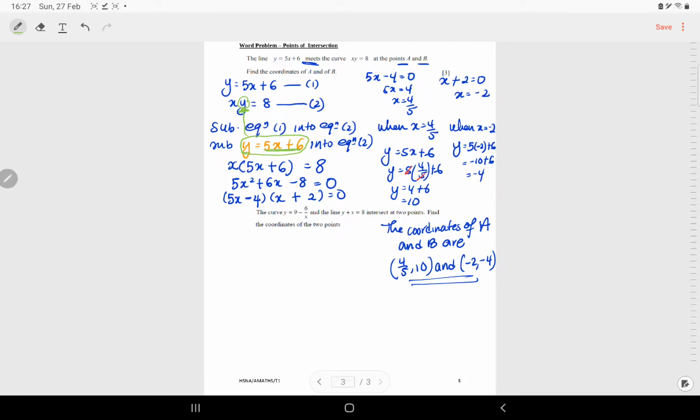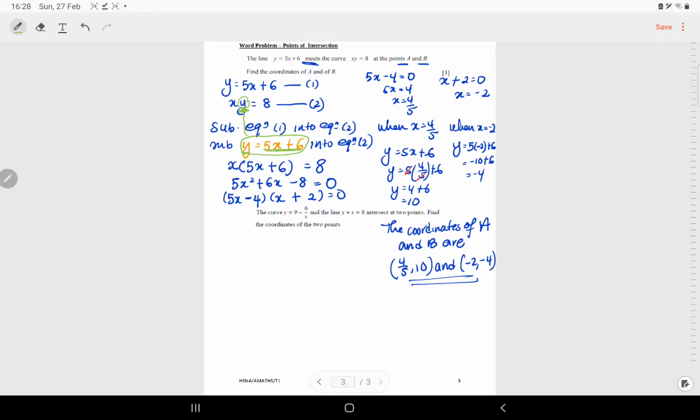So the equation now becomes x multiplied by 5x plus 6 equals 8. You know that you need to expand it. What you get is a quadratic equation. Bring 8 to the left hand side, so there's nothing on the right hand side and you put it equal to 0. First try to factorize it, and if you can't factorize it, you can use your quadratic formula. Find your x values. Once you get your x values, find your y values.